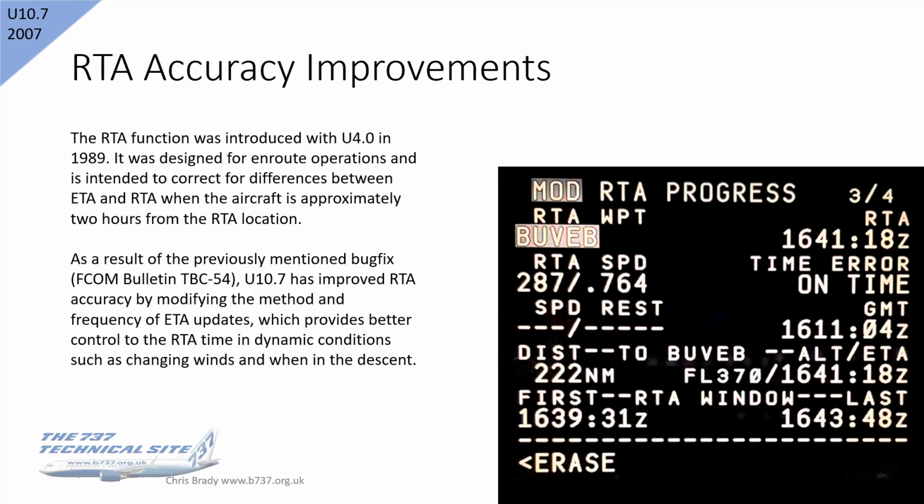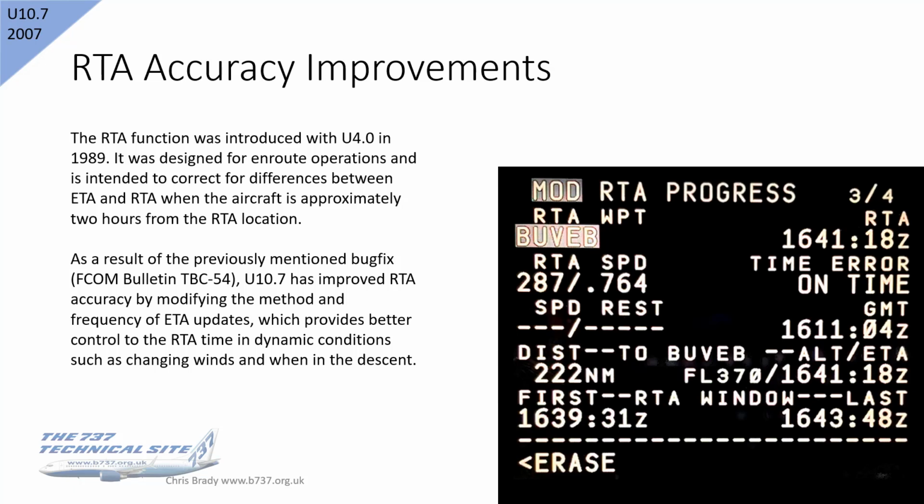Again, RTA was introduced with update 4 back in 1989. It was designed for en route operations, and it was intended to correct for differences between ETA and RTA when the aircraft was about 2 hours from the RTA location. It was never really designed for close-in changes.